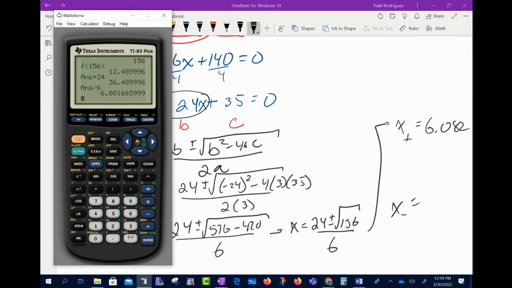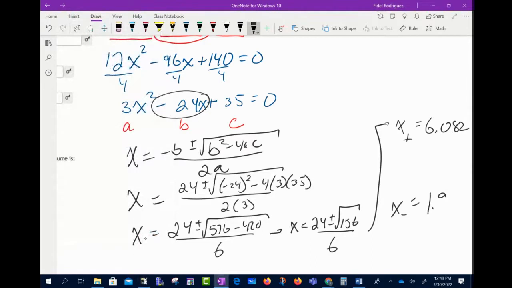All right, let's do the second one. What's the square root of 156? Now I have to do 24 minus that answer and divide that by 6. And I'm coming up with 1.918, right?